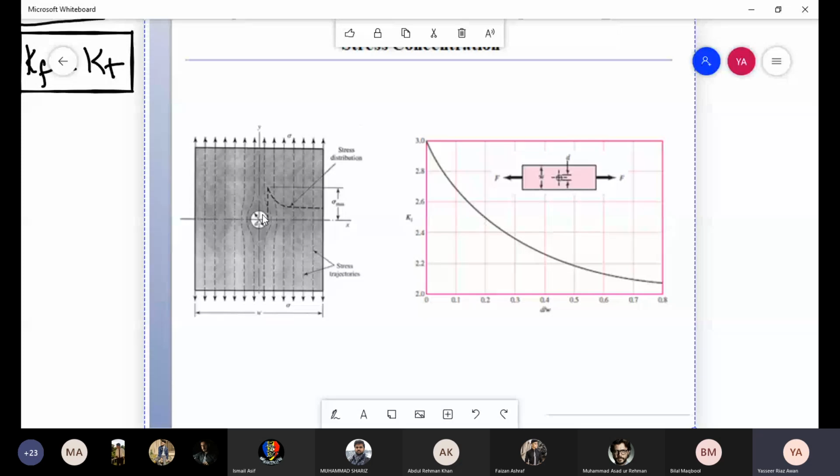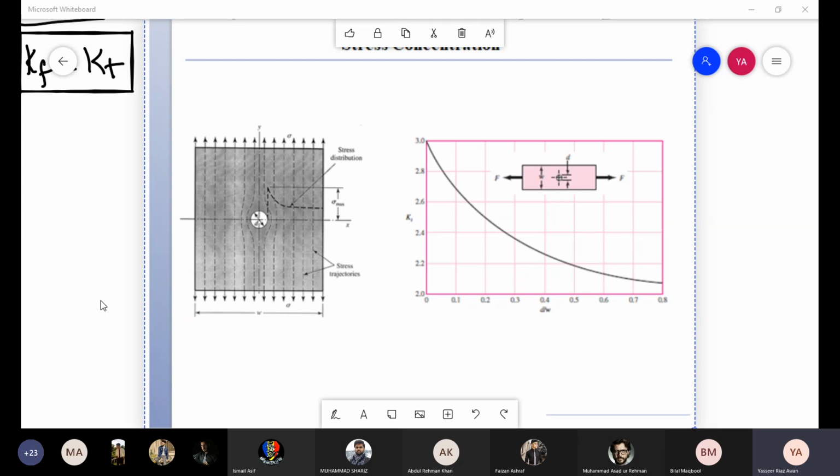We have already talked about how any notch causes stress concentration in the material. Stress becomes higher in the vicinity of the region of discontinuity, and usually we have geometric stress concentration factors, Kt, that we have found experimentally, that tell us how much the stress has increased in this region.